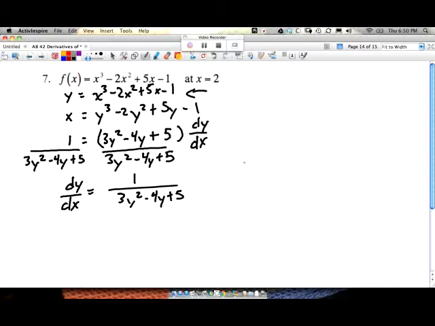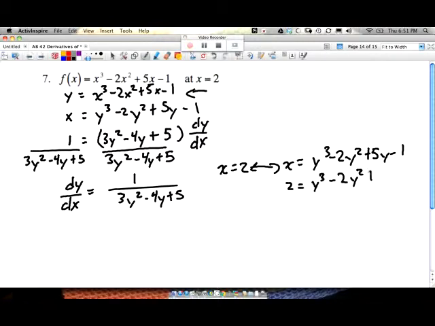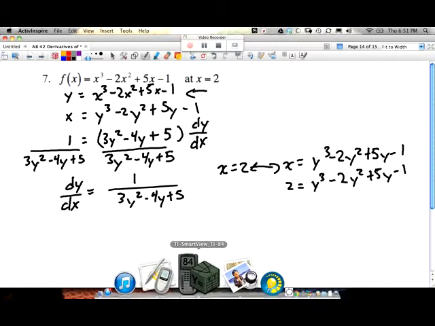Alright, not too big a deal. We're kind of working our way through here, but we have that. We know that x equals 2. We also know that x equals y cubed minus 2y squared plus 5y minus 1. So we've got to figure out when 2 equals y cubed minus 2y squared plus 5y minus 1. That means we've got to go into our calculator and do some magic.